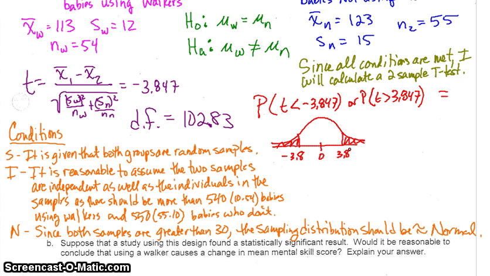Then I'm going to calculate my probability value, which in this case is 0.00021. Wow. Then what do we say for our money statement? Money statement, yes.